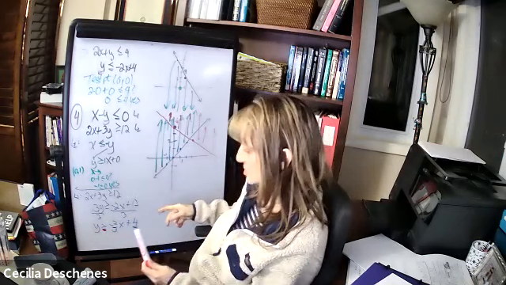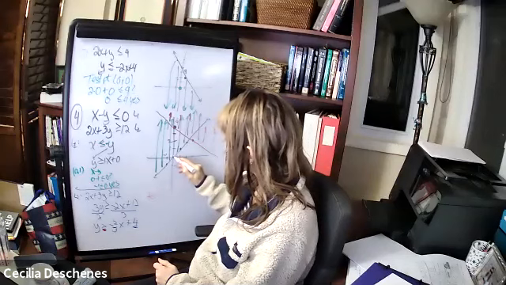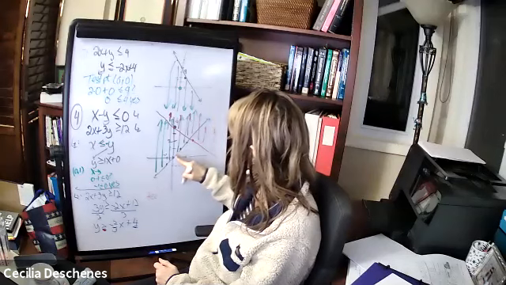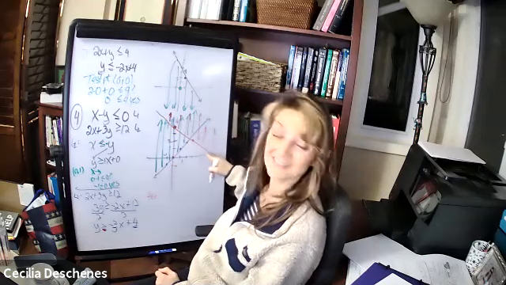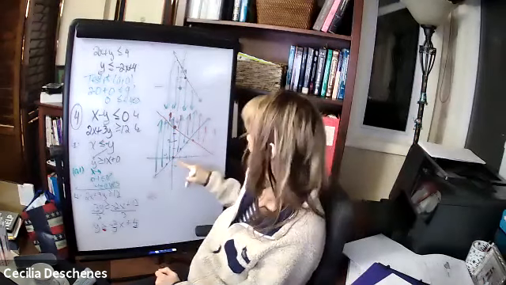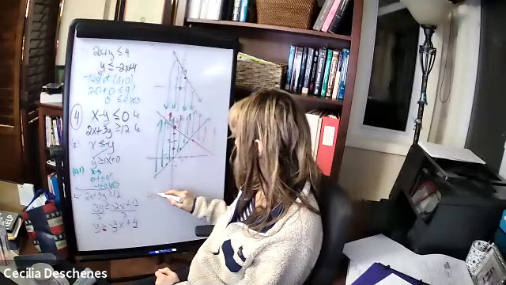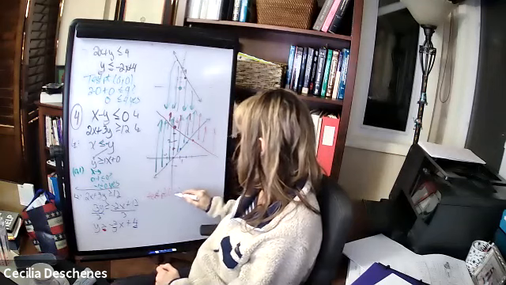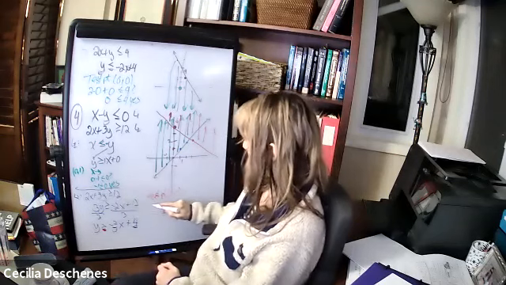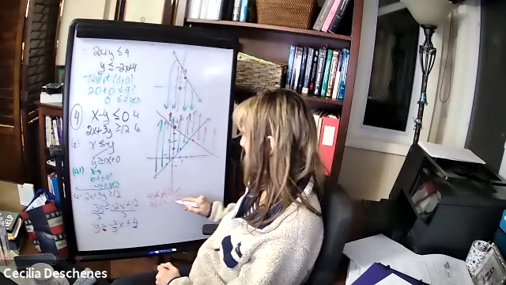And I can do a test point just to be sure. So maybe my test point is going to be the origin. Oh, no, I can't do the origin. Oh, I can do the test point as the origin because that's not on the red line. But I don't want to confuse anyone, so let's just go with 0, 1. All right, so let's plug that in, and we have 2 times 0 plus 3 times 1.